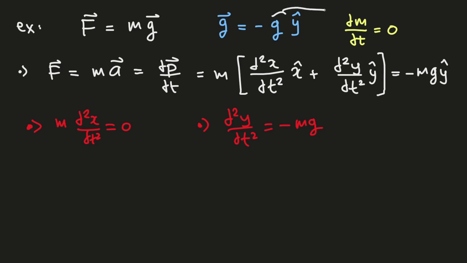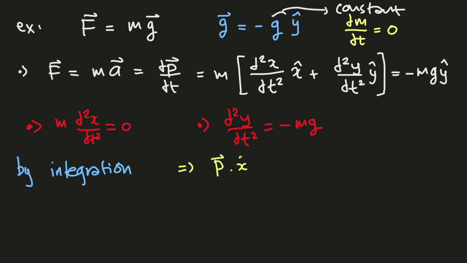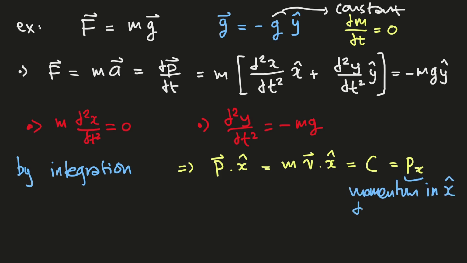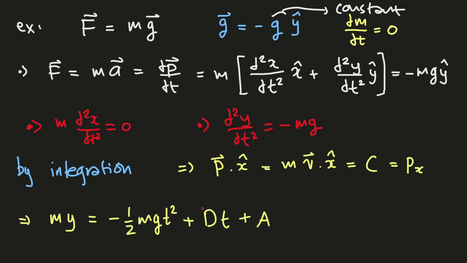Now, if we assume that g is constant for gravity near the surface of a planet, then by integrating both equations, in the x hat axis we get that the momentum in x hat is equal to a constant, which we denote as px, the momentum in the x hat direction. In the y part we get this, where the velocity in y hat at t equal to 0 we denote as vy0, and this constant is for y0, or y initial.